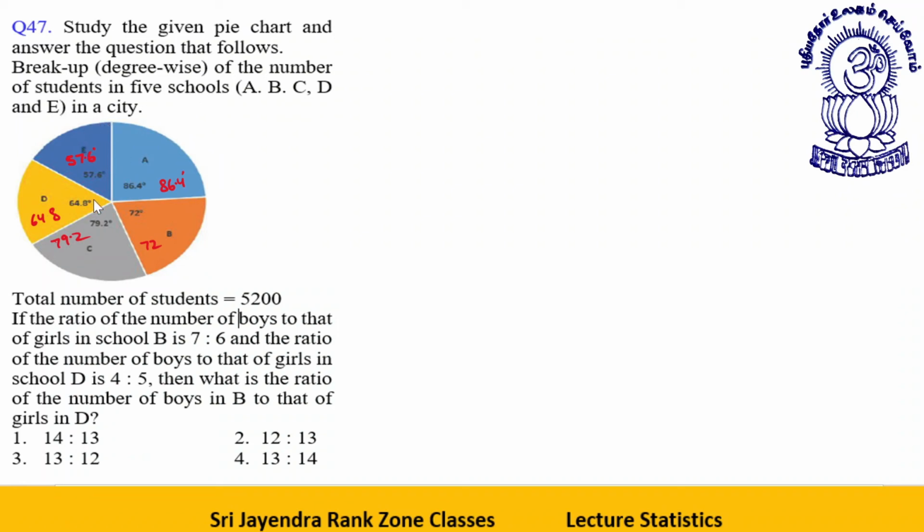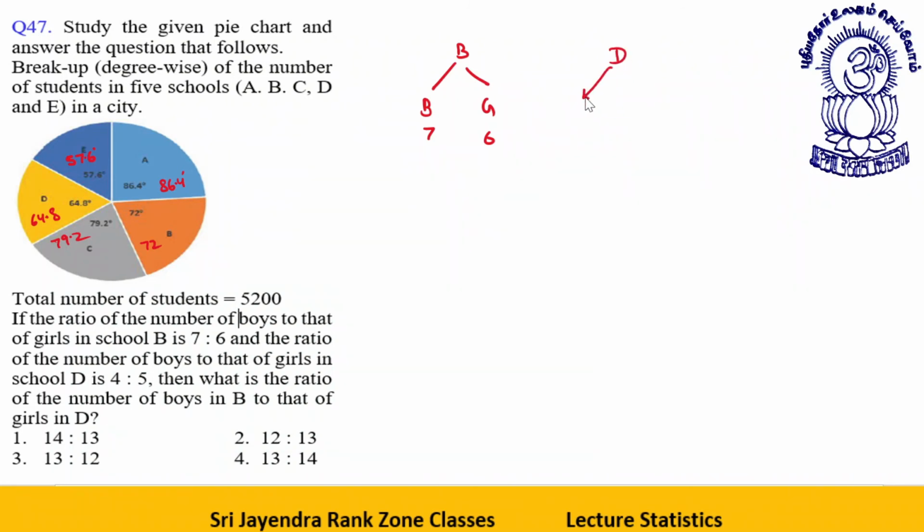You are given 5 schools A, B, C, D, with 86.4 degree students in A, 64.8 degree students in D. If the ratio of number of boys to that of girls in school B is 7 is to 6, and the ratio of the number of boys to that of the girls in D is 4 is to 5.